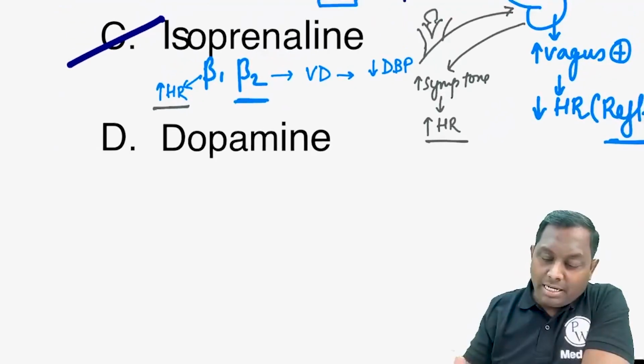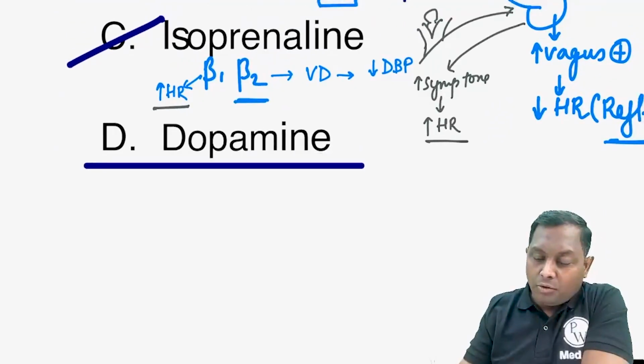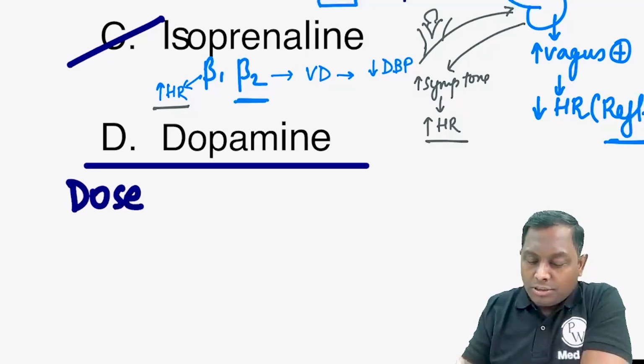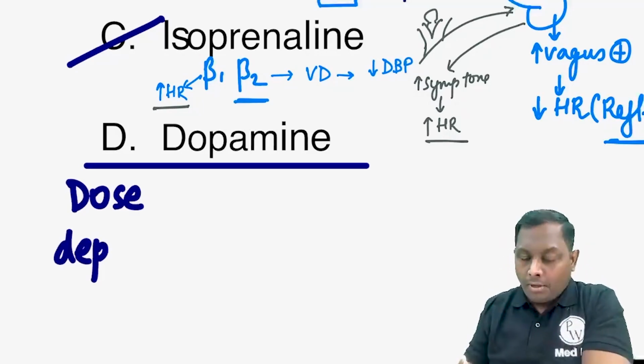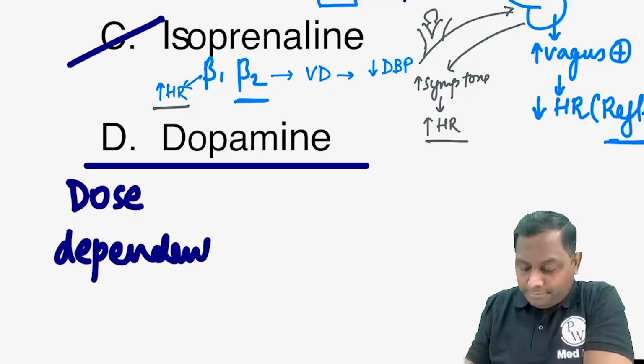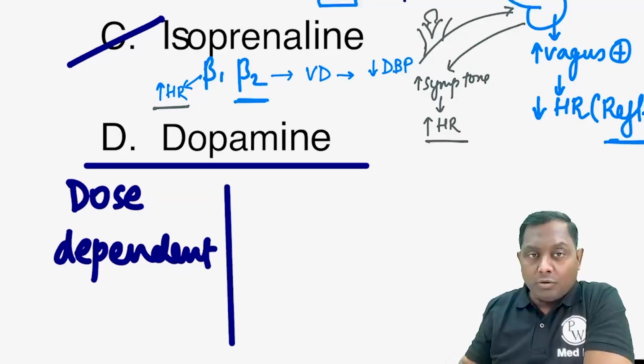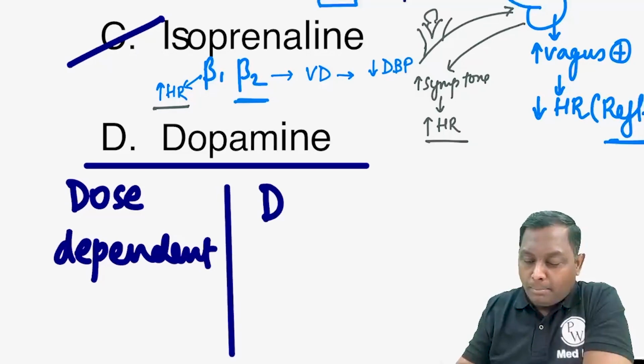Dopamine का जो action होता है, this is seen usually according to dose. So dopamine action is mainly seen according to dose, इसीलिए उसको बोलते हैं कि their action is dose dependent. They are having mainly dose dependent action, and the dose dependent action is seen mainly on the dabba.